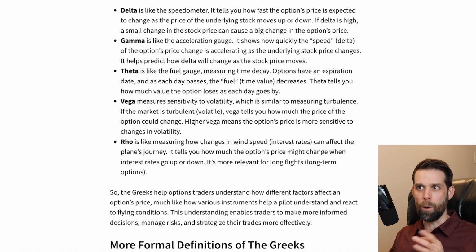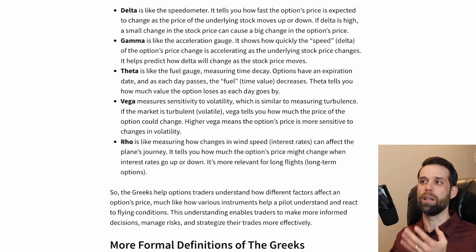And then we have Rho, and Rho is like measuring how changes in wind speed or interest rates can affect the plane's journey or the price of the option. So it tells you how much the option's price might change when interest rates go up or down. It's not as popular, it's not used as often as the other ones. It's more relevant for long term options.